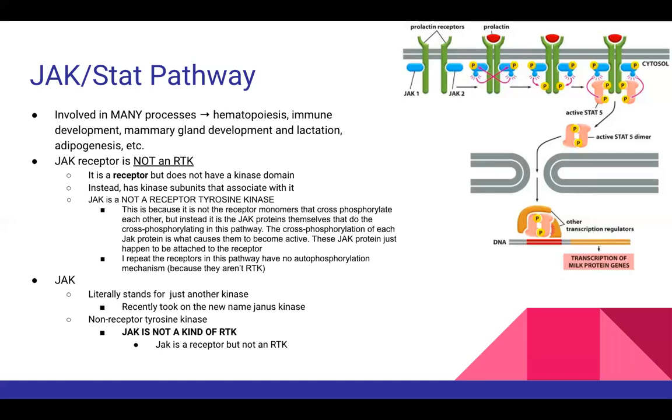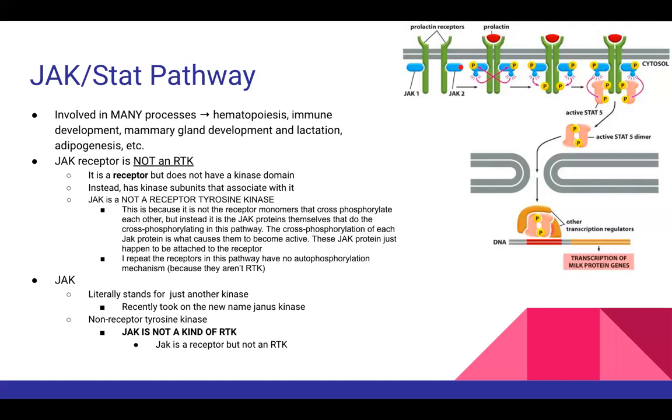And these proteins are called JAKs. So you see in the diagram, you have JAK1 and JAK2. What is doing the phosphorylation here is not necessarily the receptor, it is the JAK proteins themselves that do the cross-phosphorylating in this pathway. So that autophosphorylation activity is not within the receptors itself, but it's these proteins that are able to phosphorylate each other.